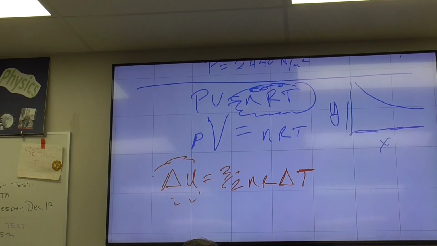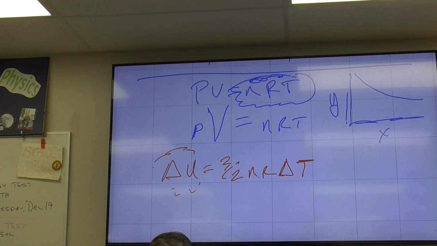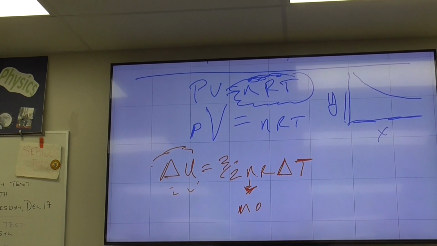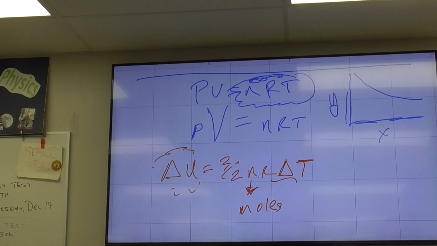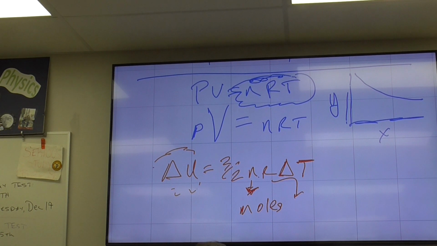So if you look at this, this is 3/2. That just comes from the statistical thing, okay? Just don't worry about the 3/2, just accept it. So then you have n, which is going to be what, Sean? Moles. Moles, okay? Then we're going to have R, which is the gas law constant. Again, you have to use 8.314 joules per mole Kelvin.